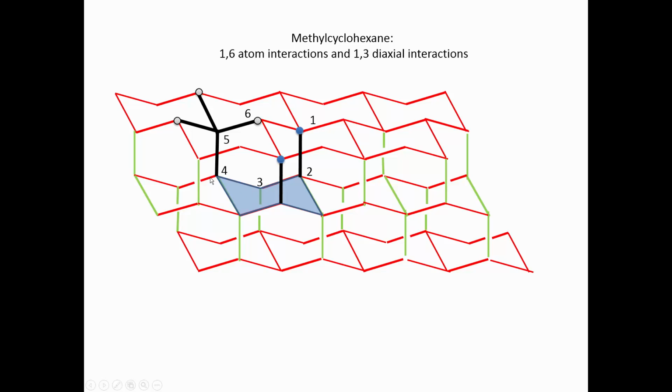And that obviously occurs whether the substituent is pointing up or down, because there's always going to be axial hydrogens pointing down 1,3 away from them. And of course, all those, at least in the present example with the methyl group, would be 1,3-diaxial interactions and 1,6-atom interactions, each costing 1 kcal per mole.